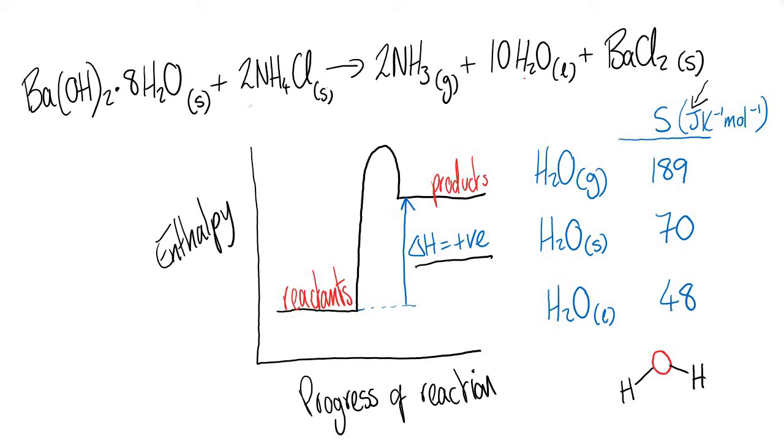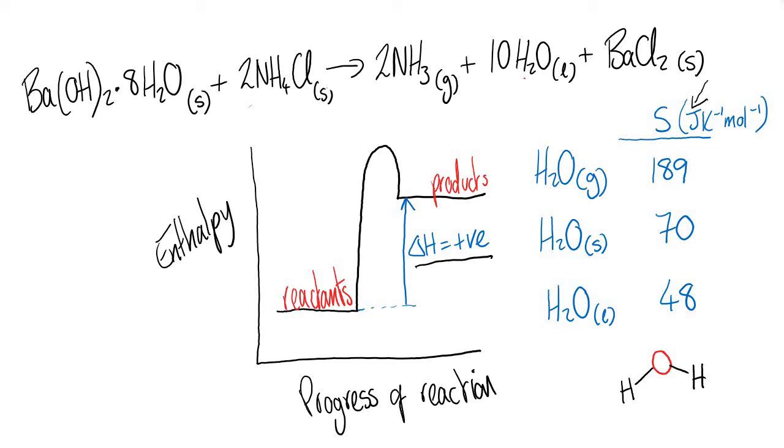If you can imagine a water molecule spinning around, it has a huge number of ways in which it can place itself in space and be free to do whatever it likes. So the entropy of steam is 189.